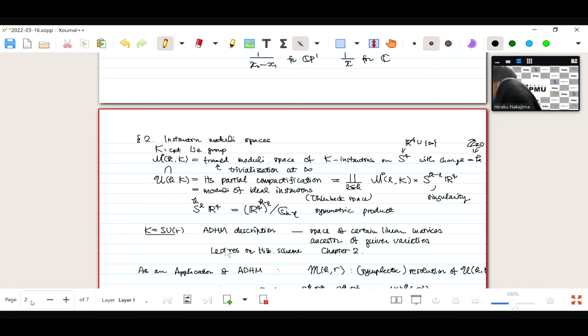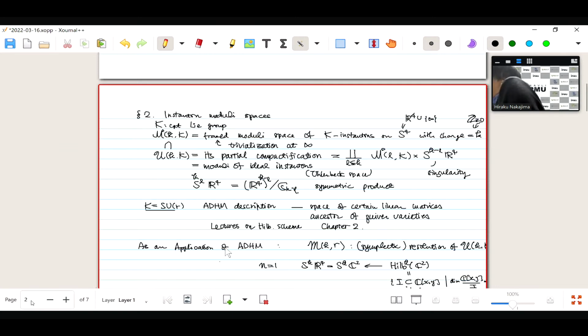So anyway, you don't even need to know what the ADHM description is. Please just accept that this space has an alternative useful description.